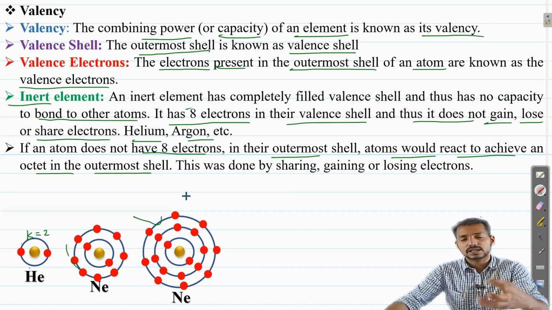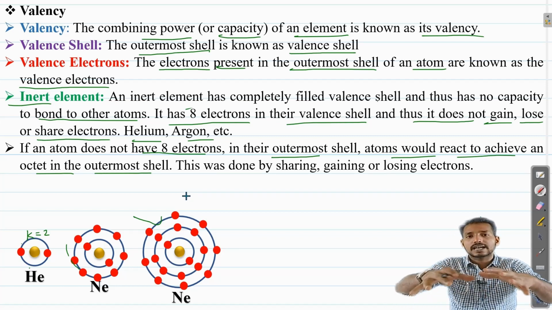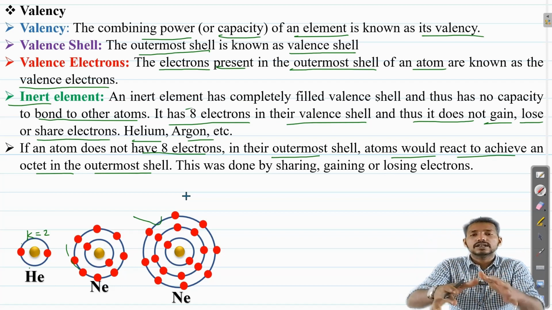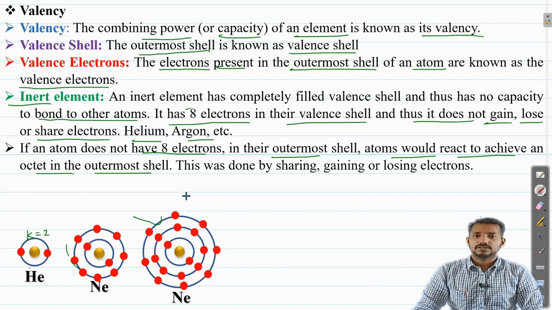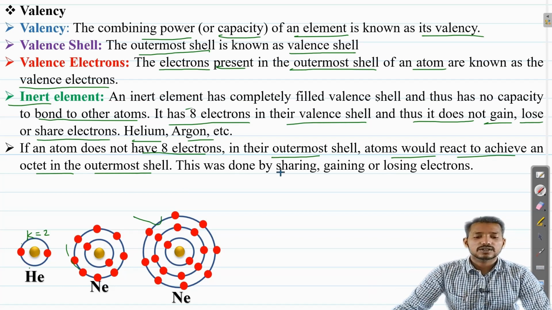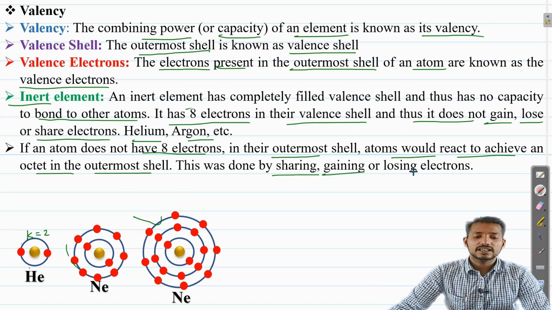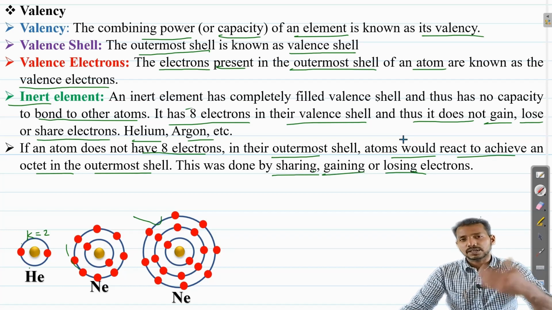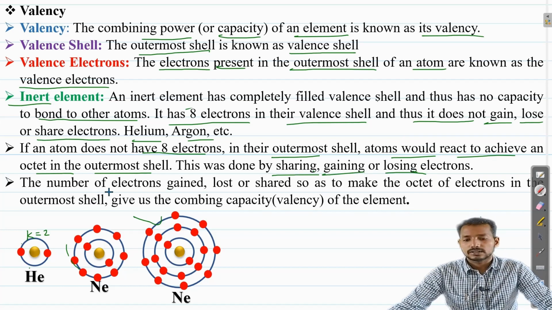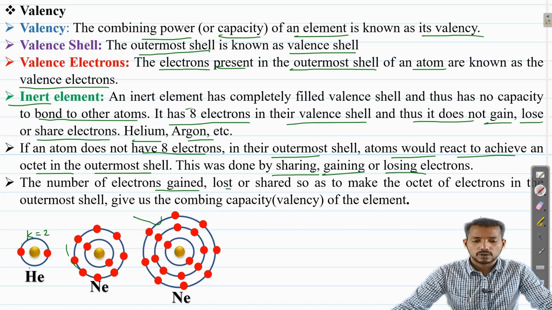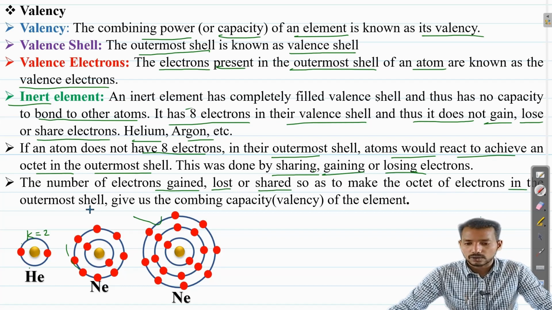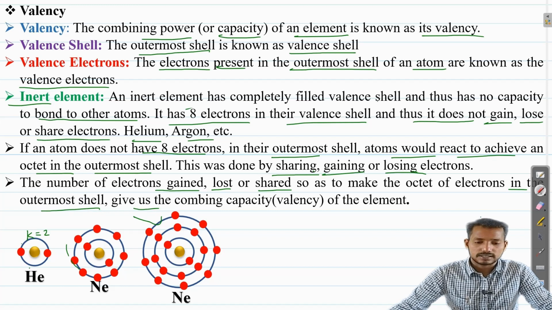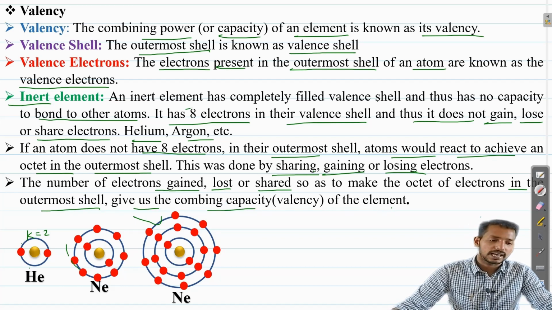Having 8 electrons in the outermost shell means the atom becomes stable. So to get stability, the atom will gain, lose or share electrons, depending upon the situation. The number of electrons gained, lost or shared so as to make an octet of electrons in the outermost shell gives us the combining capacity of the element.